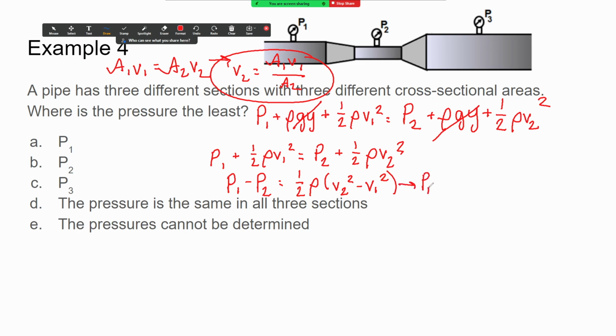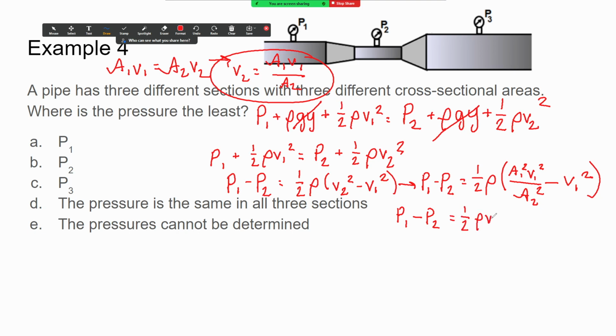So P1 minus P2 is equal to 1/2 rho times A1 squared V1 squared over A2 squared minus V1 squared. So this is P1 minus P2 equals 1/2 rho V1 squared times A1 squared over A2 squared minus 1.